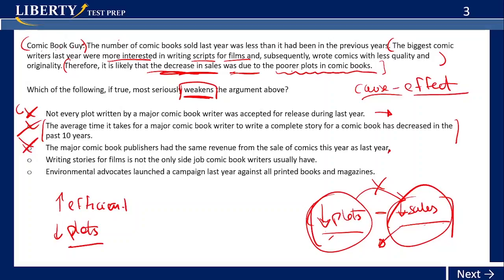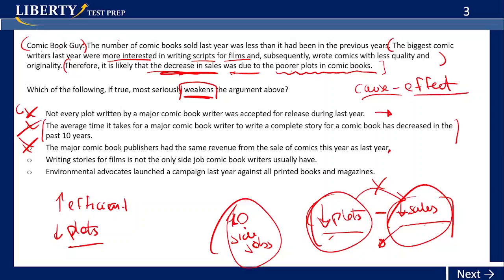Letter D, writing stories for films is not the only side job comic book writers usually have. Okay, so they have other side jobs too. They might have 10 side jobs, who knows? Here the conclusion is not that it is because they are writing scripts for movies that the sales have decreased.